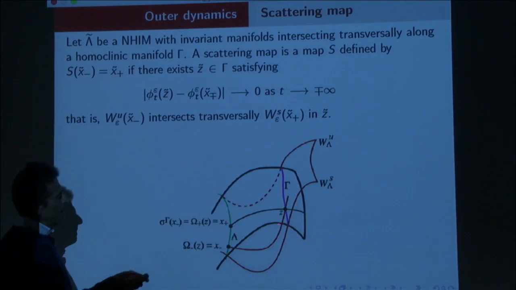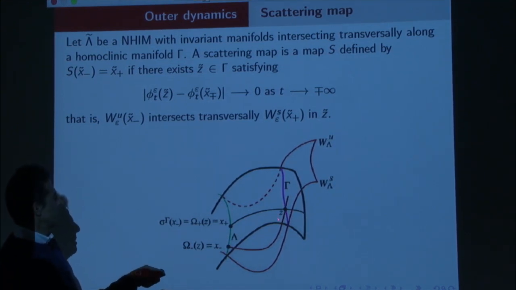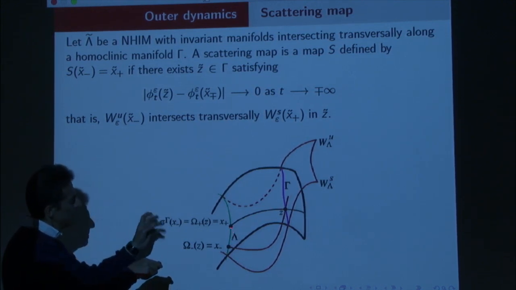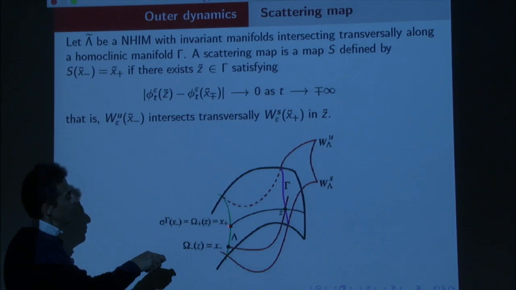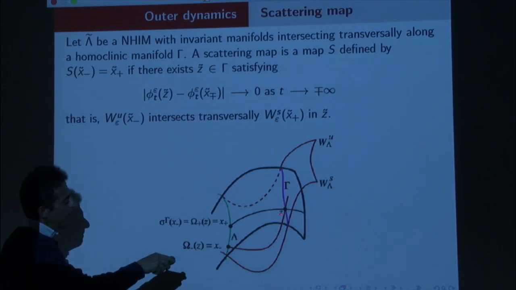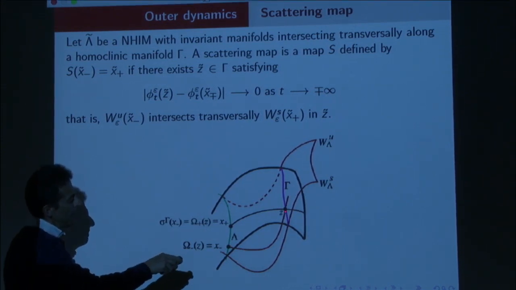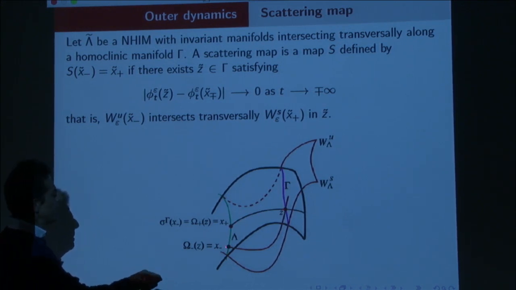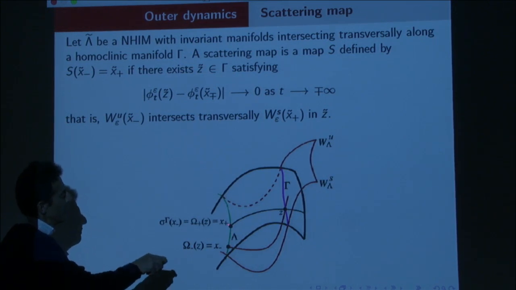So the stable manifold, for instance, here: when you approach, you don't approach the object, but a specific element in this normally hyperbolic object, you synchronize with it. And if you have a transversal intersection, you synchronize in the future and in the past, in principle, to different points.